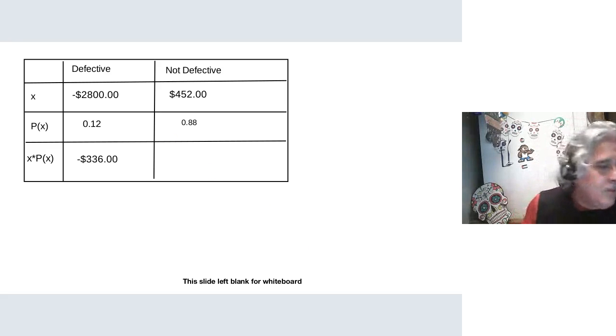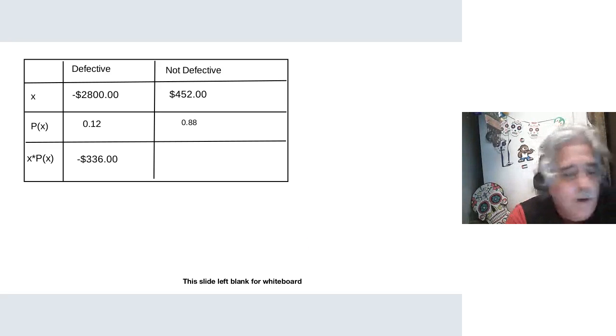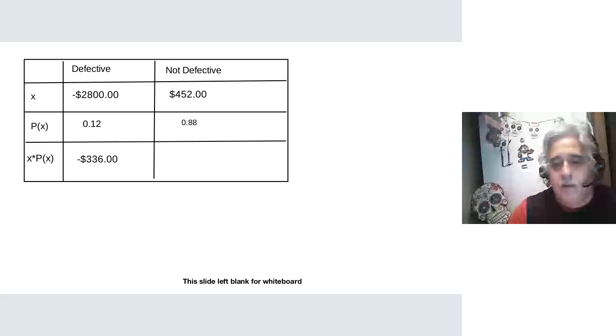All right, makes sense. I'm just multiplying the 2800 negative times the 0.12. So very similar to what's going to happen on the other side. Is 452 times 0.88. So this one's going to be positive.